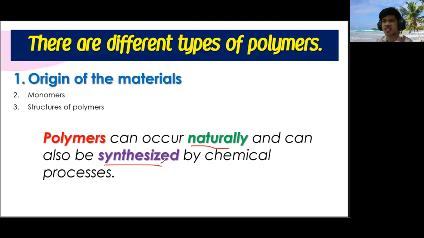Natural is like from the word nature. It's just there naturally. Thank you so much, Gift, for that idea. And synthesize means man-made. So polymers can occur naturally. You can find some polymers in nature or inside the body or the cells of organisms.